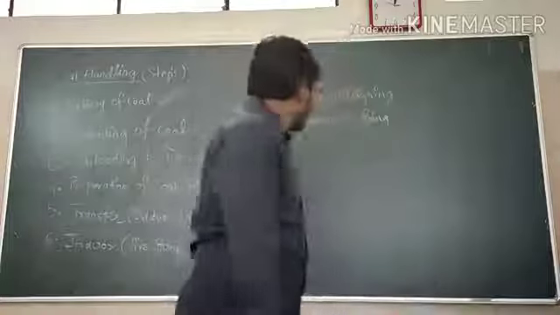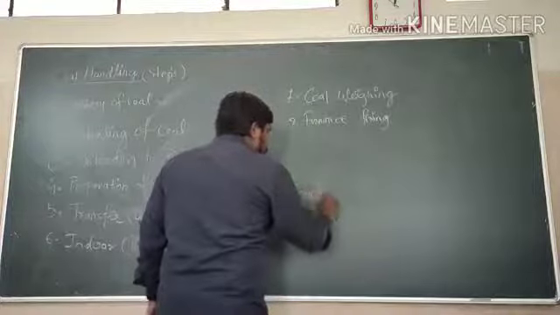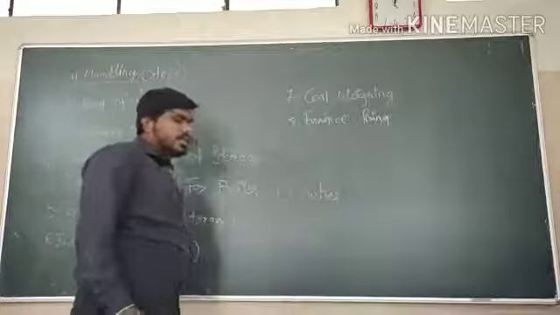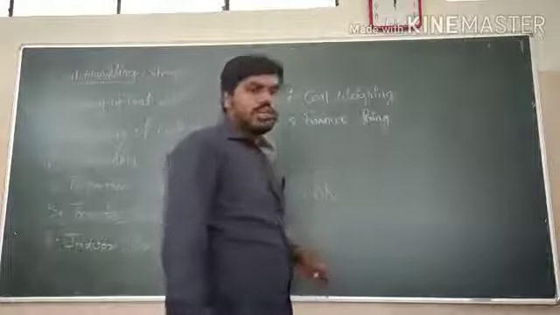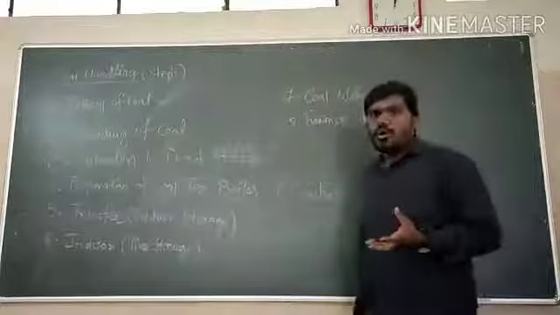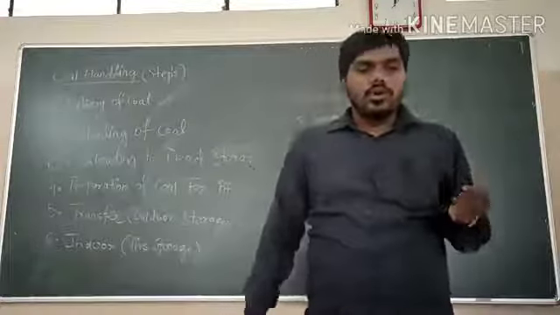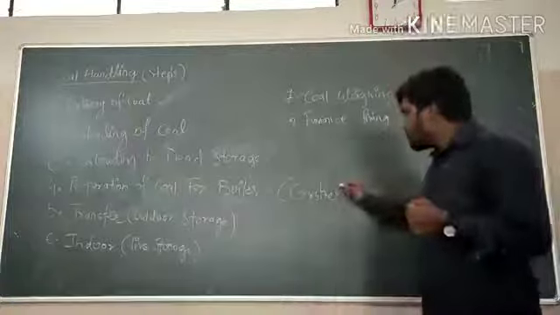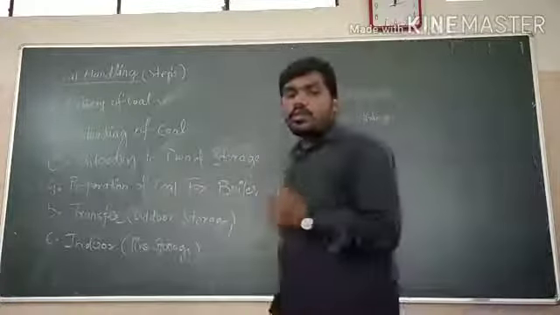First is the crusher. There will be a crusher before proceeding to the boiler. My coal will come to the crusher first. It will crush the coal into fine powder or a particular size, according to the requirement.